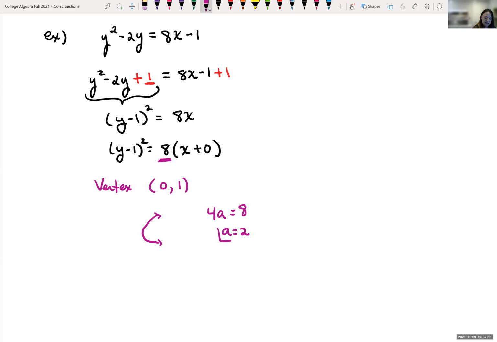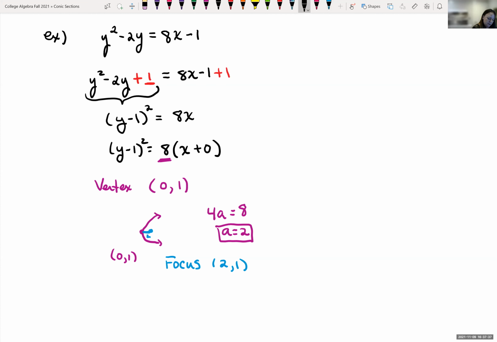Okay, so we're going to use this a value and our vertex, which is at 0, 1, to find our focus. And so we're going to need to add 2 to our x value to get our focus. So our focus, 0 plus 2, so 2, 1.